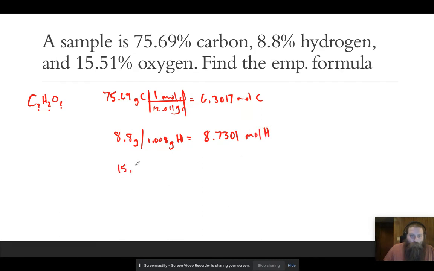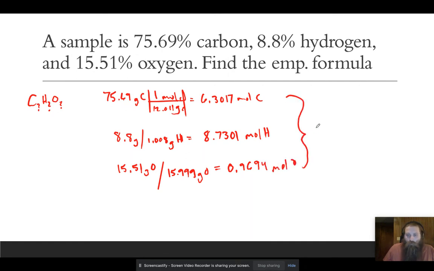And we have 15.51 grams of oxygen divided by 15.999 grams of oxygen is going to give us 0.9694 moles of O. Obviously, we're going to divide by the smallest, which in this case is the number less than 1. And so we're going to have carbon 6.5. So I already know I'm going to have to do a second, or the 6th step.